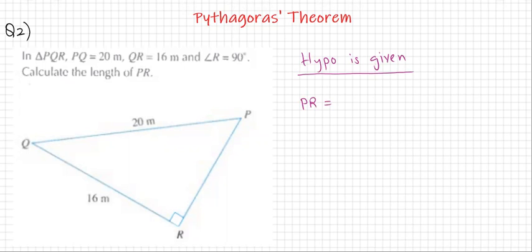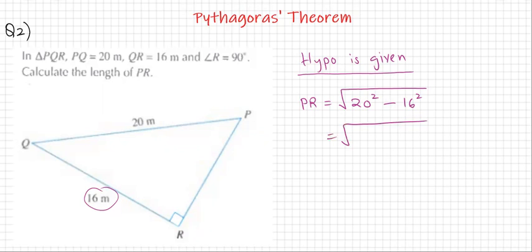So what we are going to do, we will write the square root of hypo, which is 20, minus the other given side, which is 16, and apply square over it. So when you solve it, you will get the length of PR.